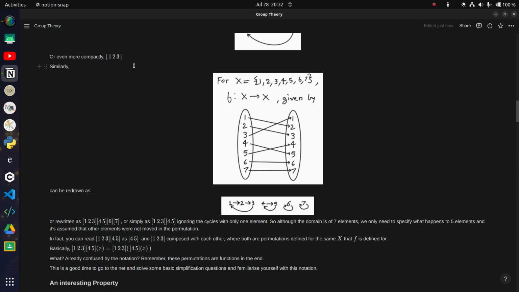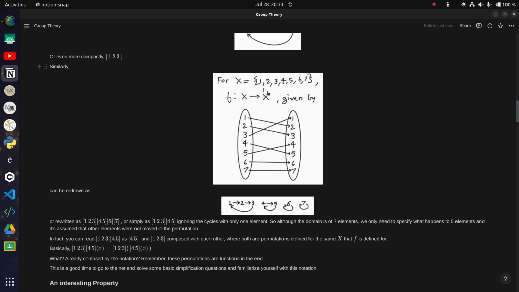So I get the privilege to choose whatever notation I want. Usually you will see parentheses, and I don't like that notation because it gets confusing, since we also use parentheses when we want to show that a function is being applied on something else, and so that's why I use square brackets. Okay.